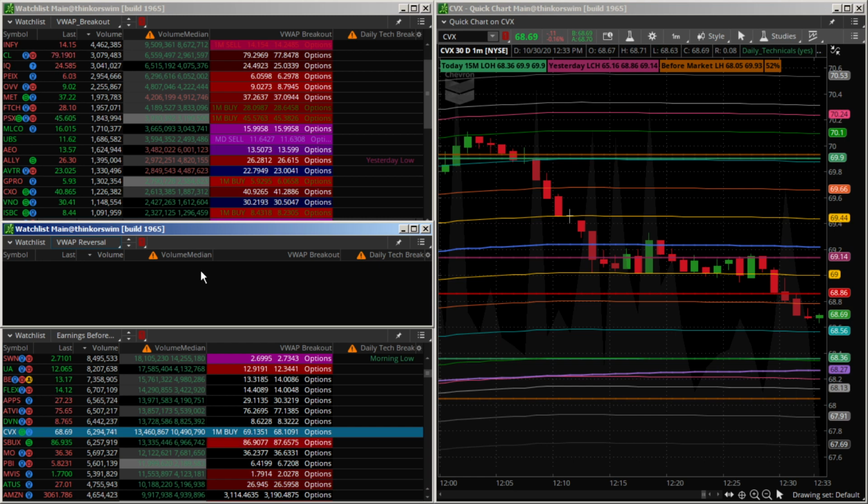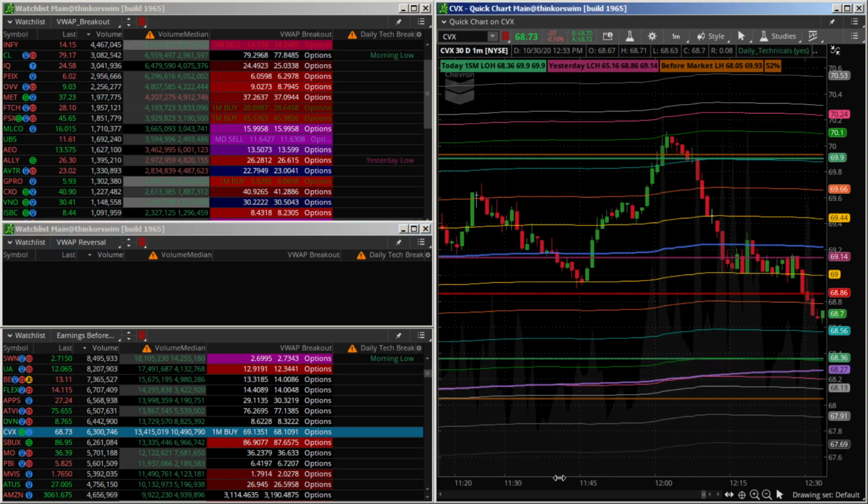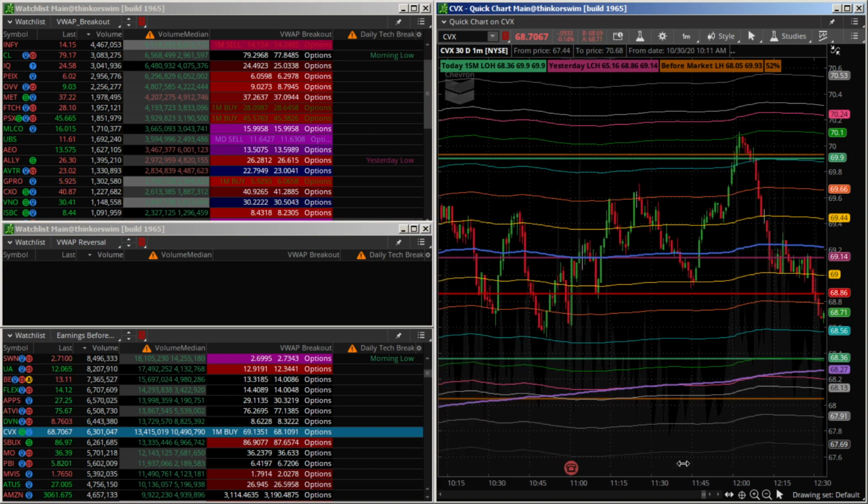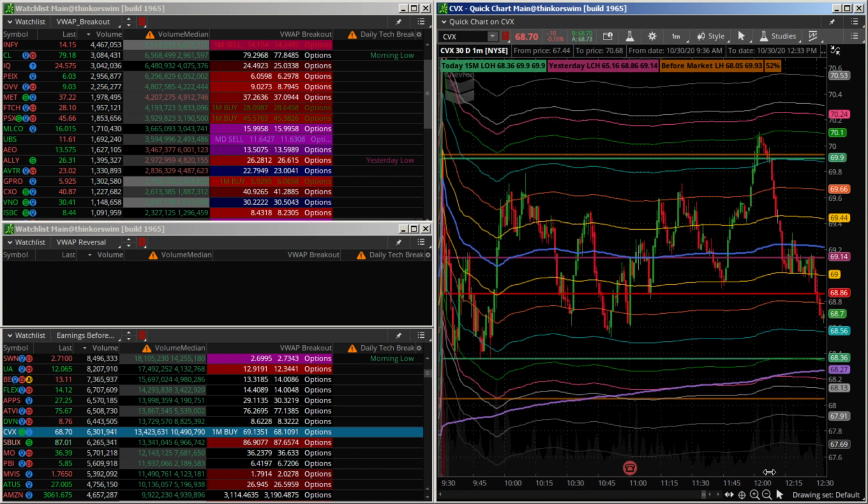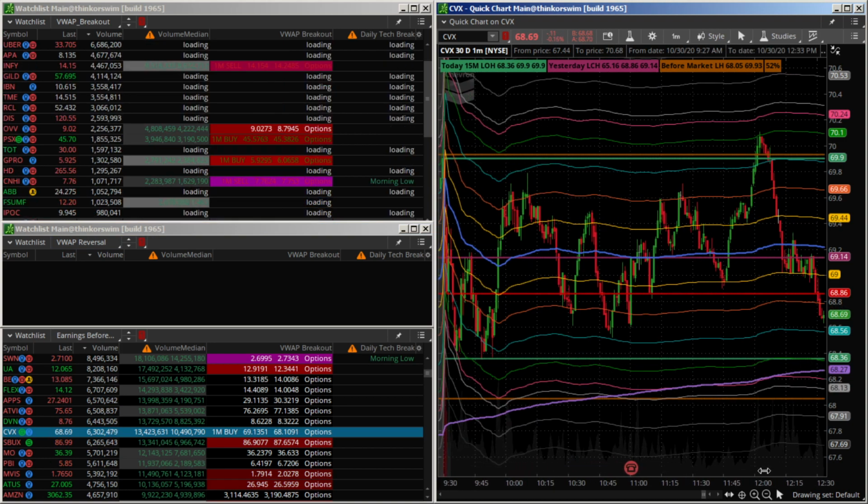Hey, Storm, would there be a way to program it to look for the retesting before it signals? Like if you look at your CVX chart, the prior time it went through VWAP, there was no retest. It went down, spiked through and went right back up. This time it went down, retested the VWAP, and then broke down.